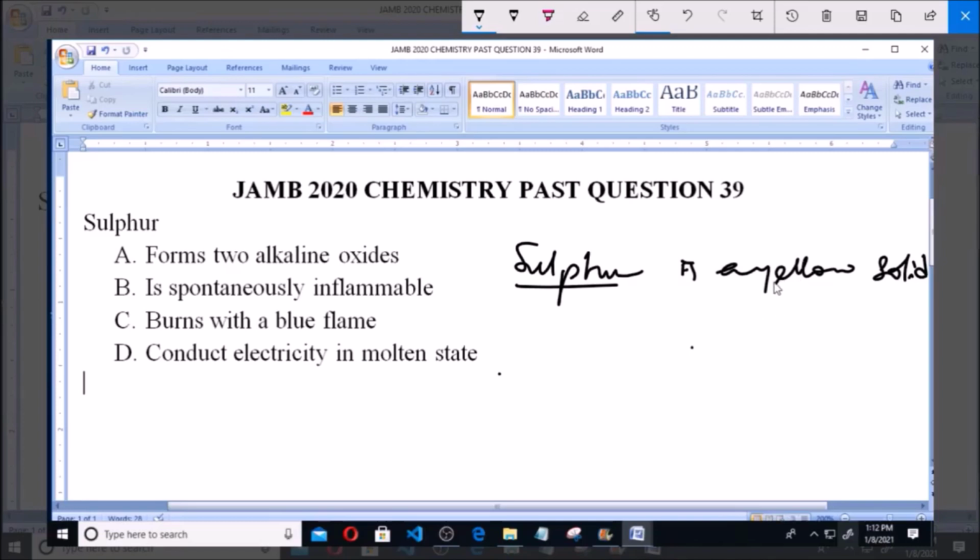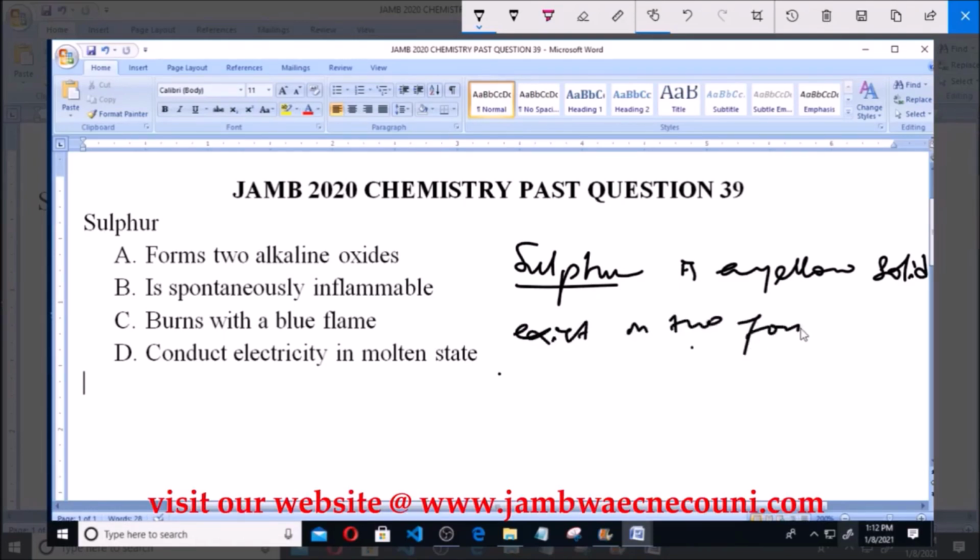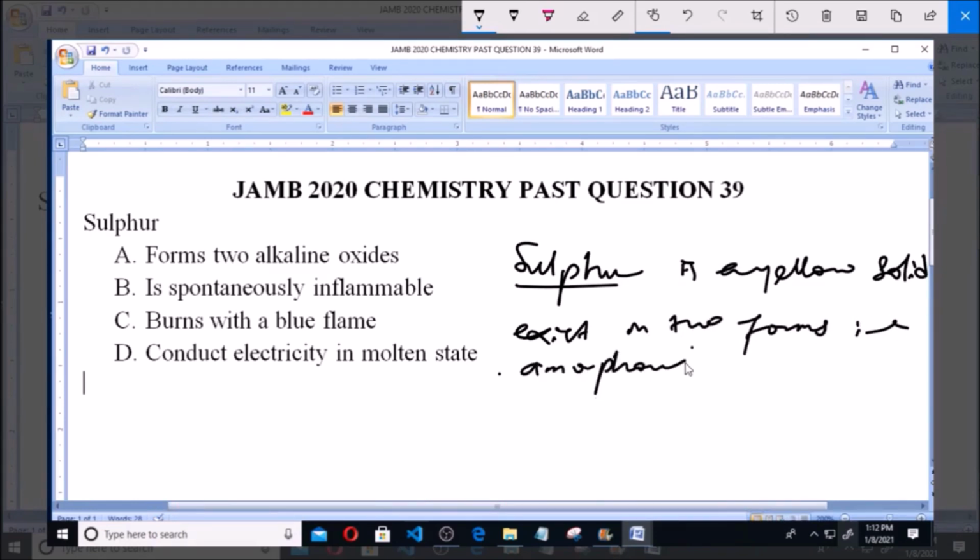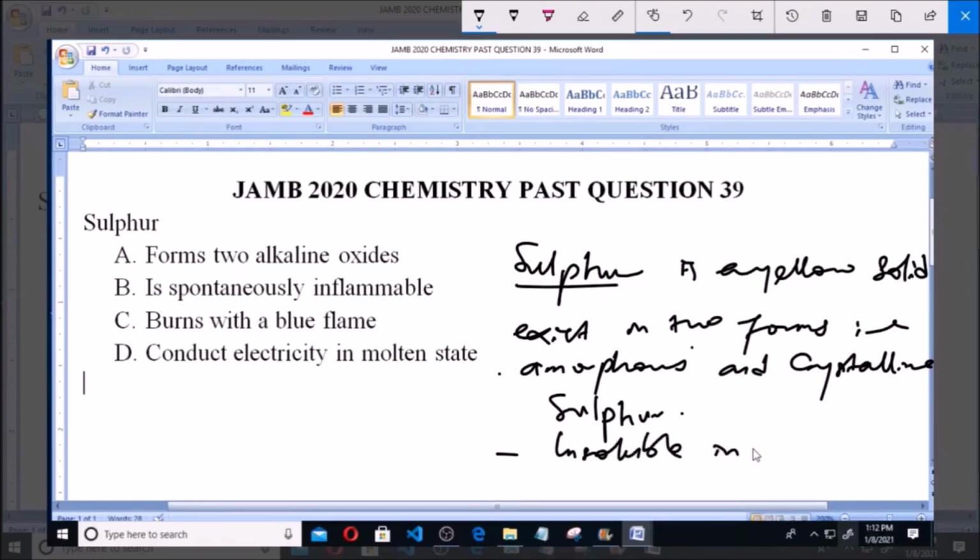Sulfur exists in 2 forms, that is the amorphous sulfur and crystalline sulfur. And remember, sulfur also exhibits what? Allotropy. Now sulfur is insoluble in water.